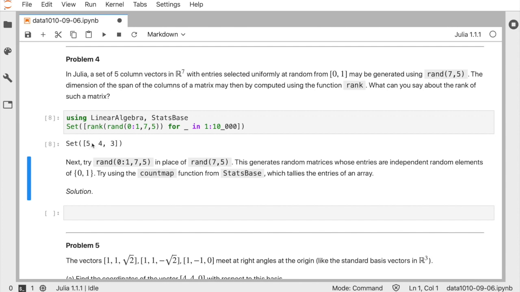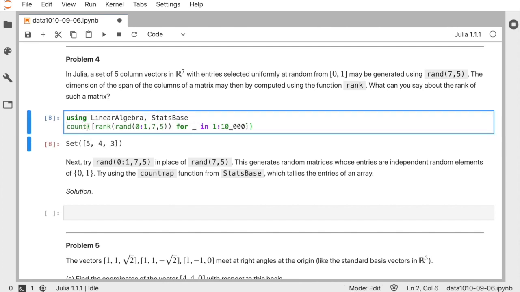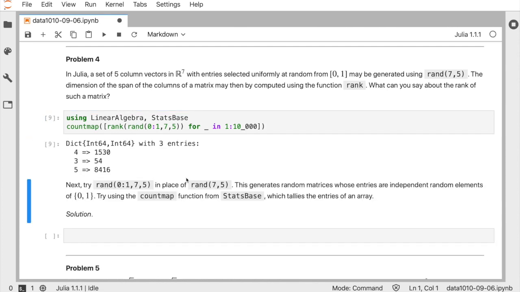And if we want to check how many 4s and 3s we tend to get, we can use the countmap function, which comes from StatsBase, and that's going to tally things up for us. So instead of throwing away duplicate entries like set does, this is going to keep track of them for us and see how many there are. There's about 8,400 out of the 10,000, so about 84% are 5s, but there's quite a few 4s, and there's some 3s as well.